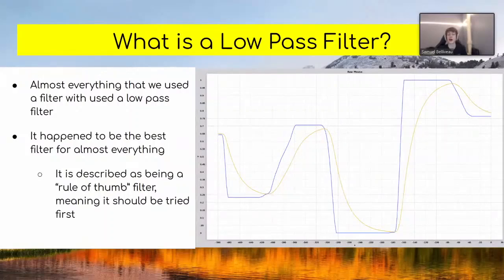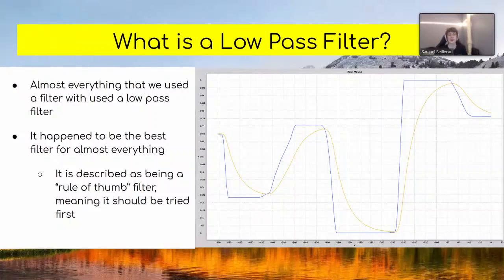The best filter by far, by a mile pretty much, is the low pass filter. This one is used everywhere in our code and for pretty much everything, including smoothing out driving controls, smoothing out the data that we get from the Limelight, smoothing out the information that we send to the motors.